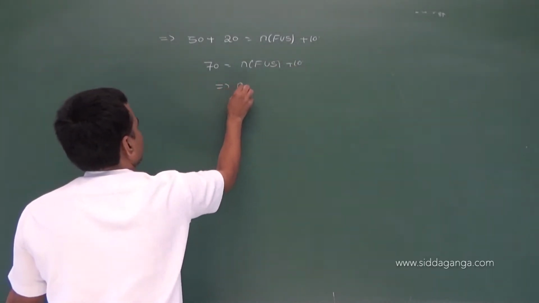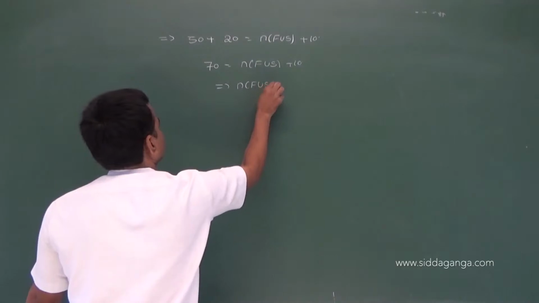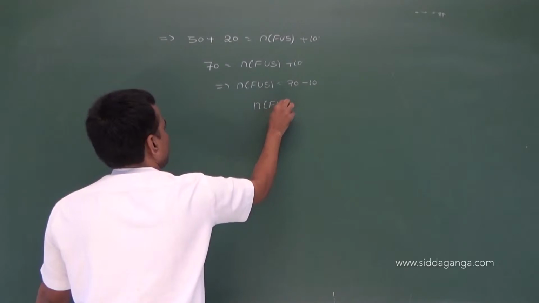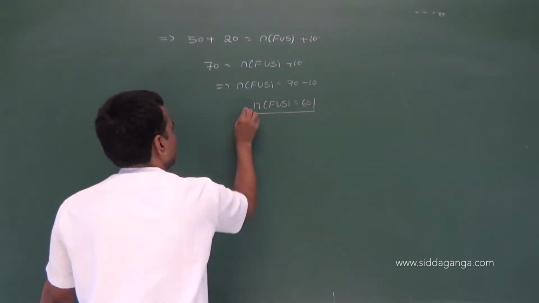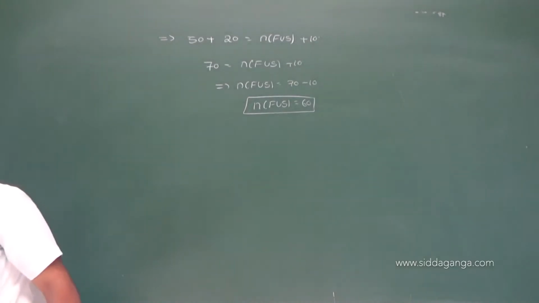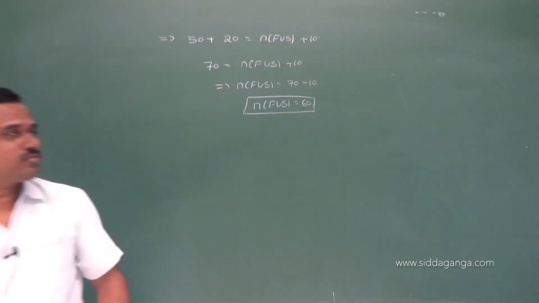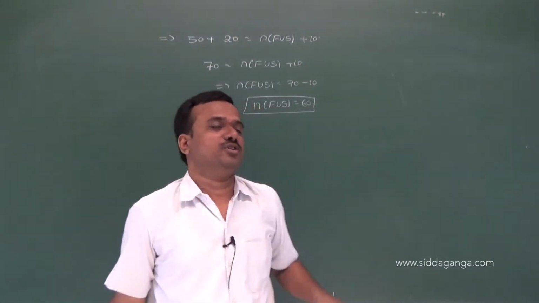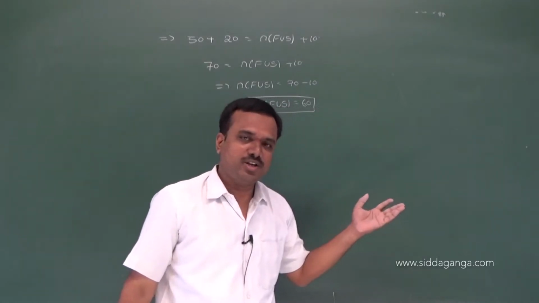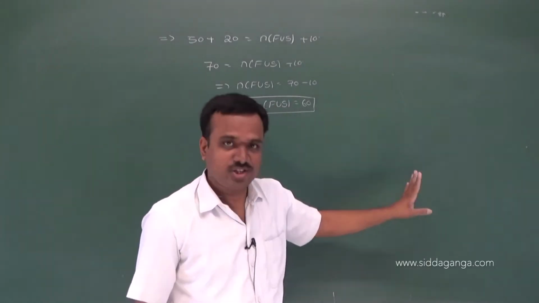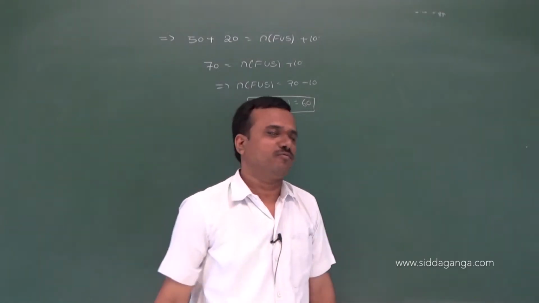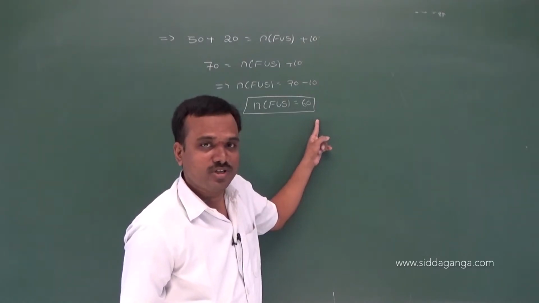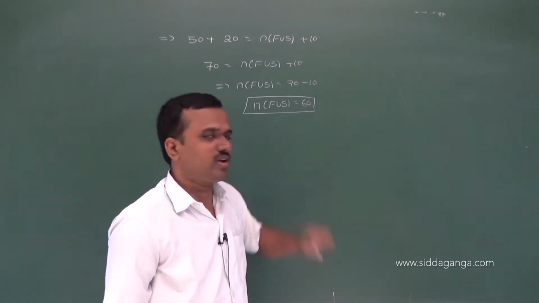That implies n of F union S is 70 minus 10, which is 60. So that means 60 people can speak either of two languages, either Spanish or French or both Spanish and French. The total number of F union S is 60. Understand? This is also a very important problem.